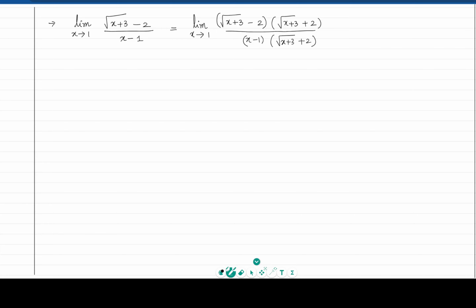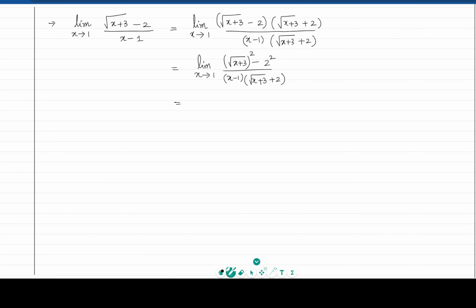And in the numerator, as we have done before in the previous question, we will end up with the difference of squares identity. So we will have square root of x plus 3 whole square minus 2 square divided by x minus 1 times square root of x plus 3 plus 2.